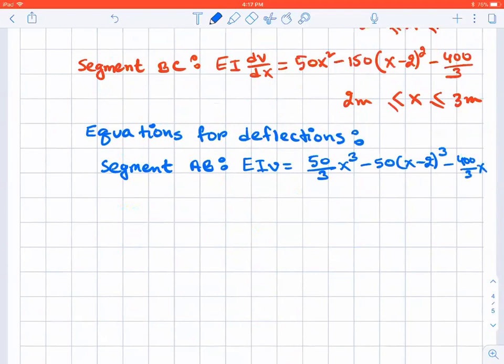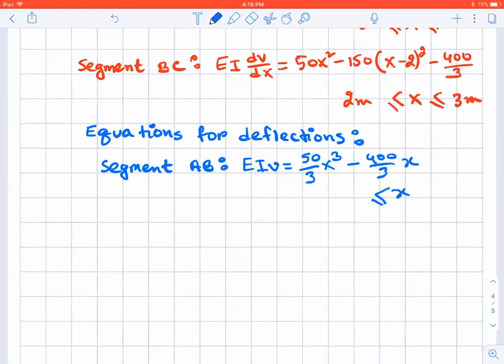Oh, no, that is for the other one. Sorry. The equation is actually 50 over 3 x cubed plus C1x. C1 is minus 400 over 3 times x. So this is valid for x greater than or equal to 0 meters, less than or equal to 2 meters.